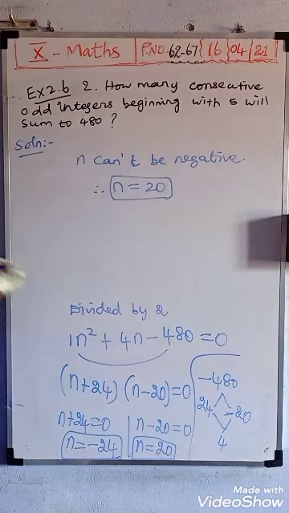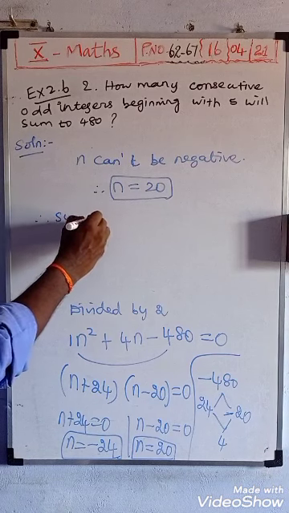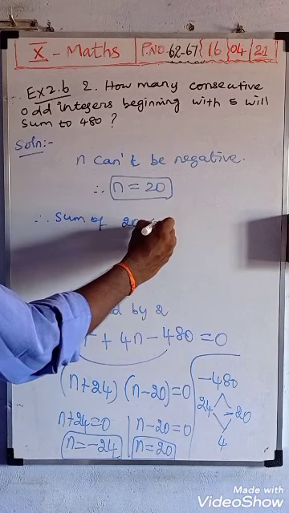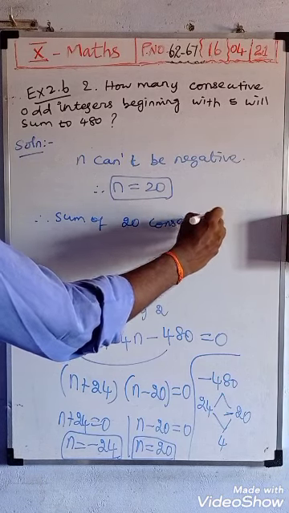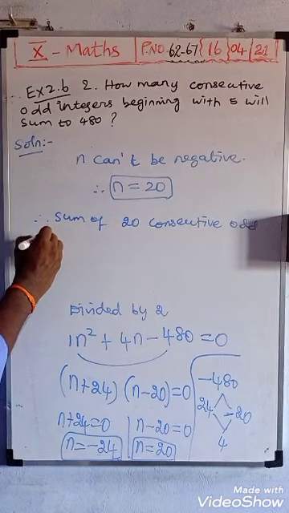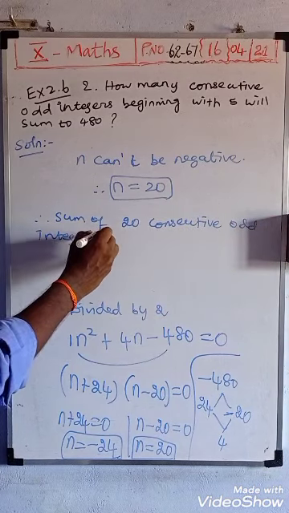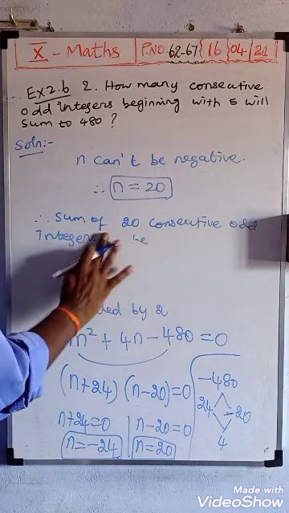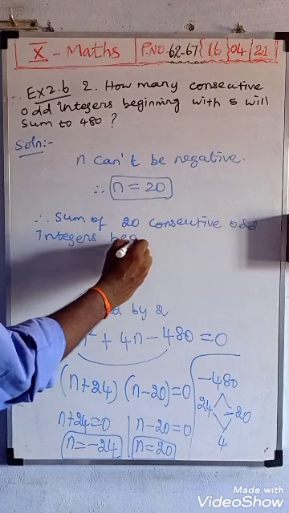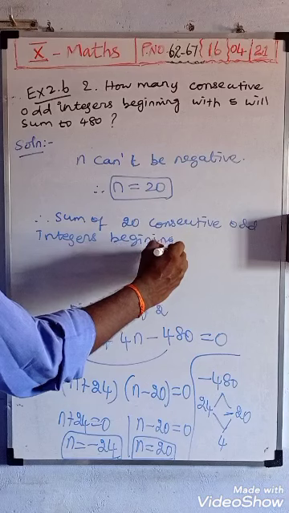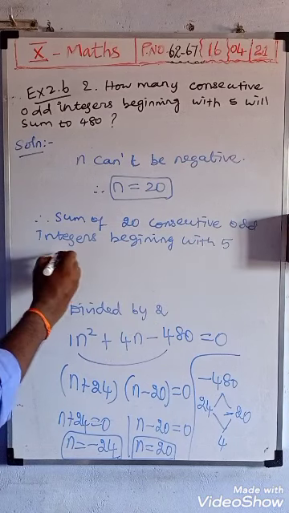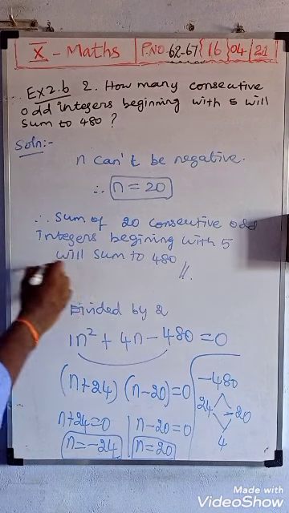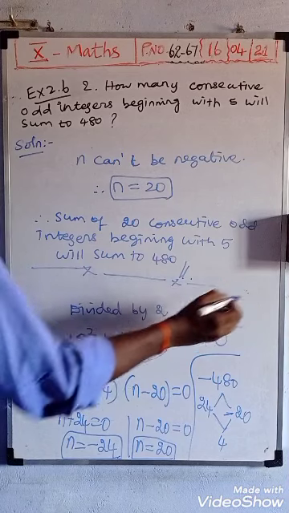Therefore, the sum of 20 consecutive odd integers to be added, beginning with 5, will sum to 480.